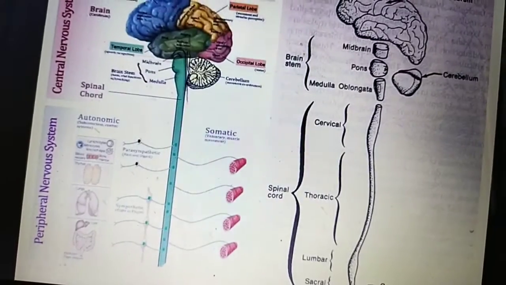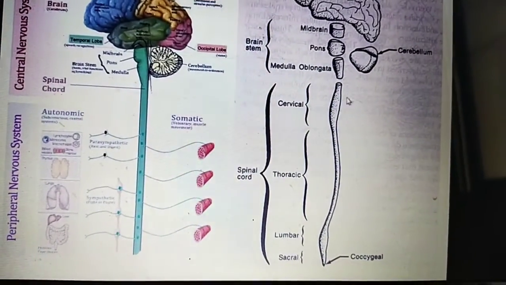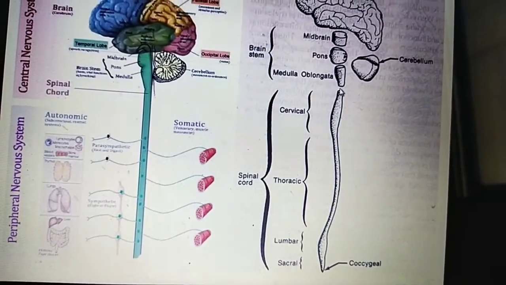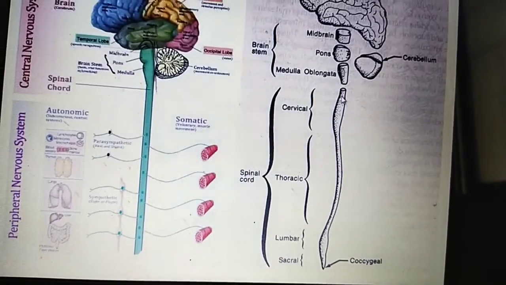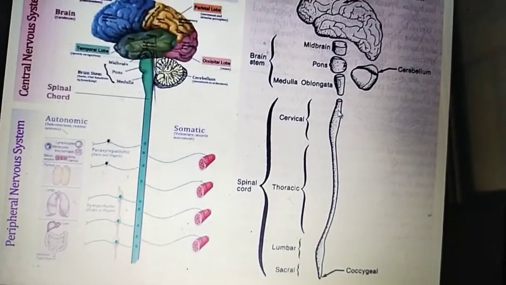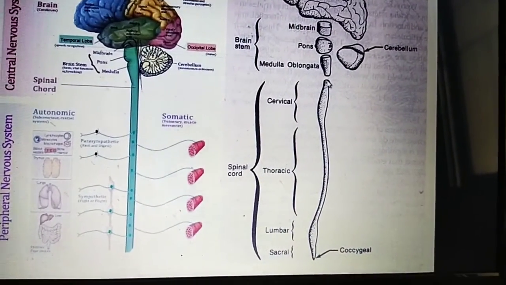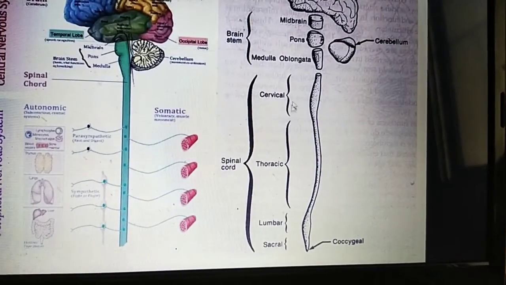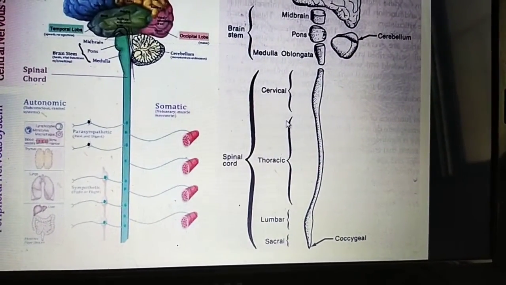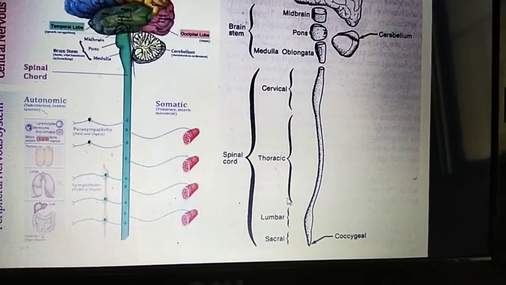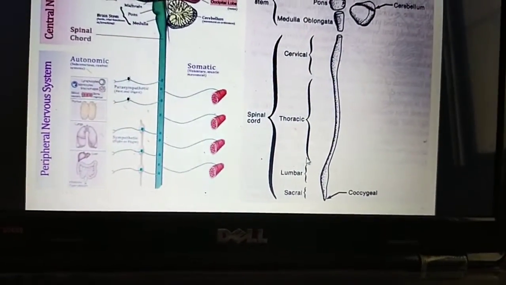You can see here the foramen magnum and it continues as the spinal canal beginning at the cervical vertebrae, and the spinal cord is further divided into cervical, thoracic, lumbar and sacral.